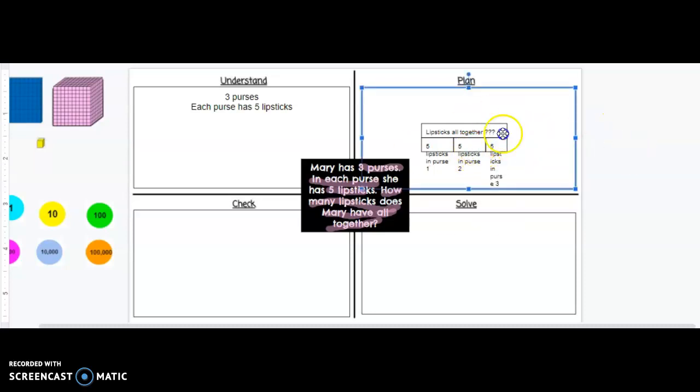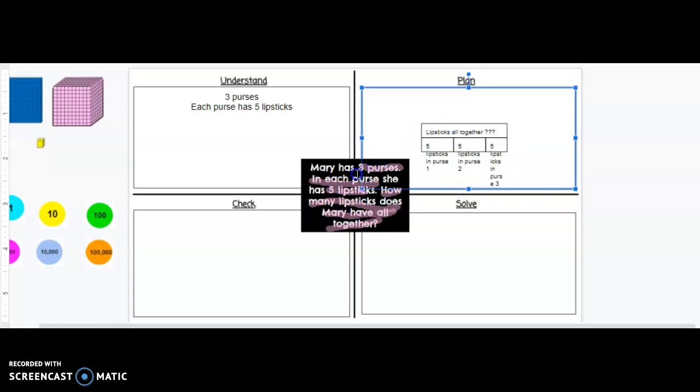So this is your planning, all right? I have my parts, but I don't have my total, and all of my parts are the same size. That's important to understand because when we are adding, your parts are not necessarily the same size, okay?